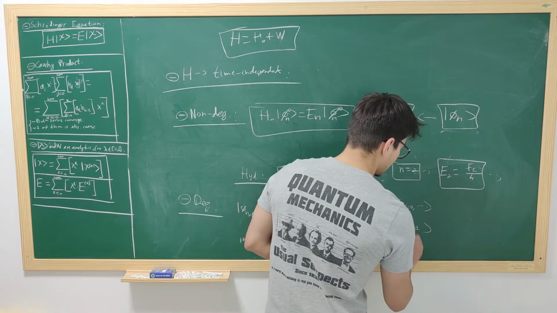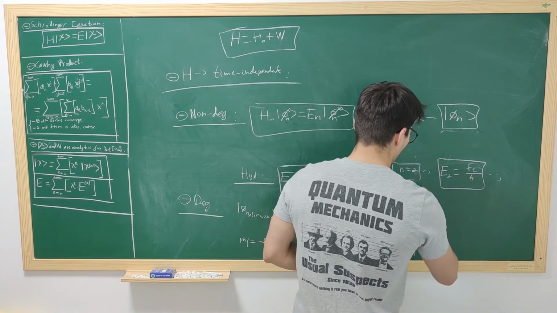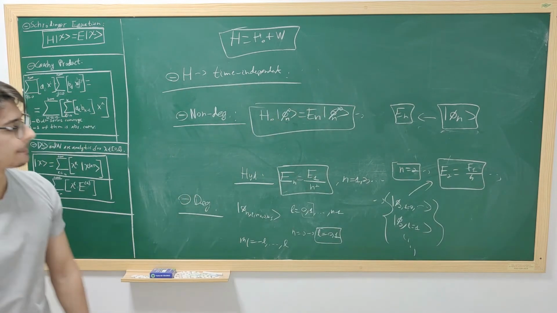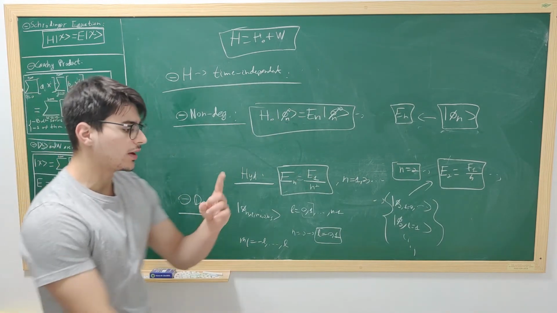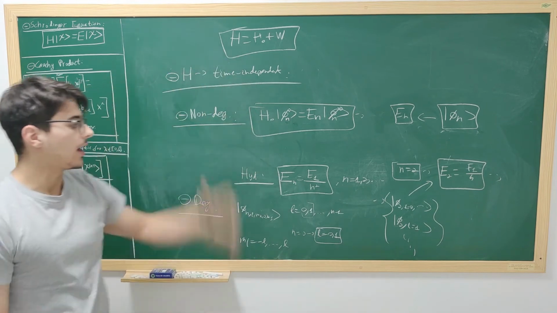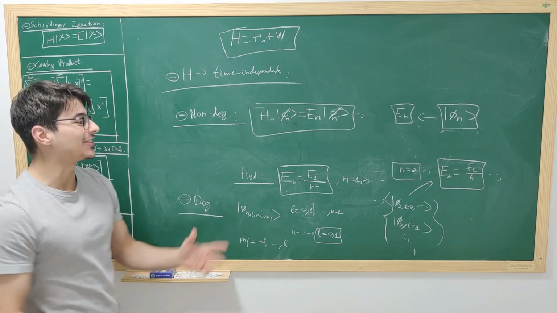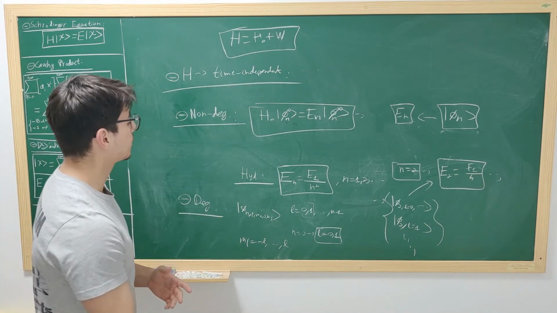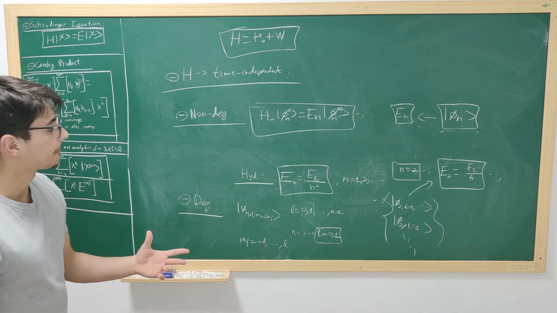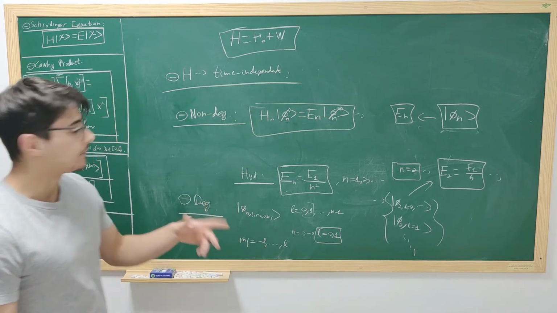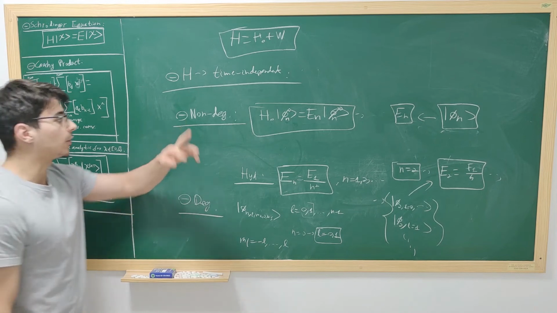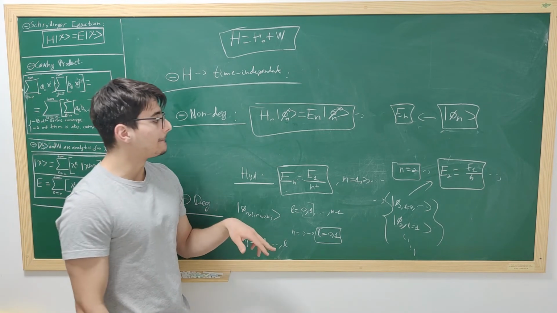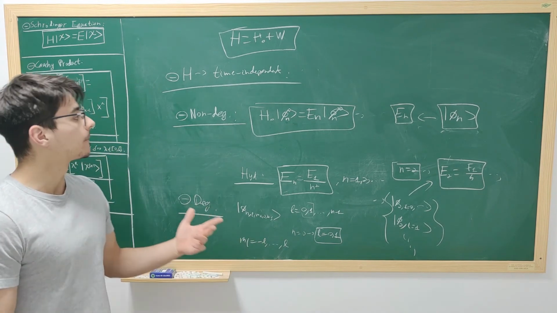All of these states would have the same energy. And now there will no longer be one state with that energy, but rather a hell of a lot of states with the same energy. And this could be a problem in the derivation. In fact, we cannot use the same derivation for non-degenerate and degenerate perturbation theory because we get some singularities.